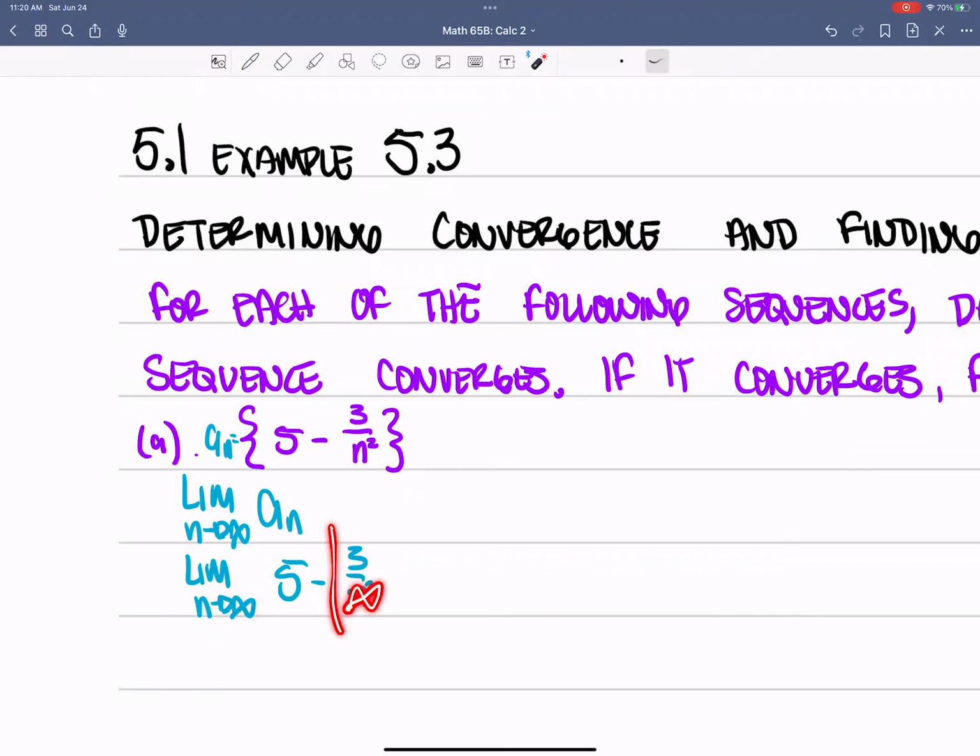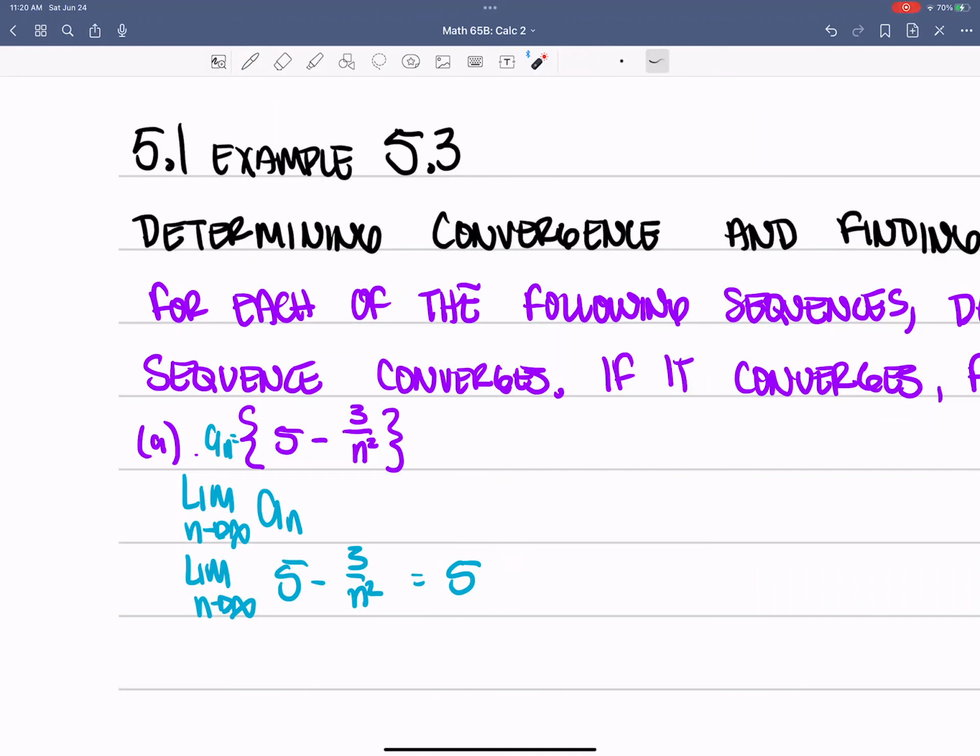Now looking at this, we could automatically plug infinity in. As n gets continuously larger, this value ends up going to 0. It becomes so small that we can't add anymore. The values become so tiny and insignificant that we just end up looking at the number 5.